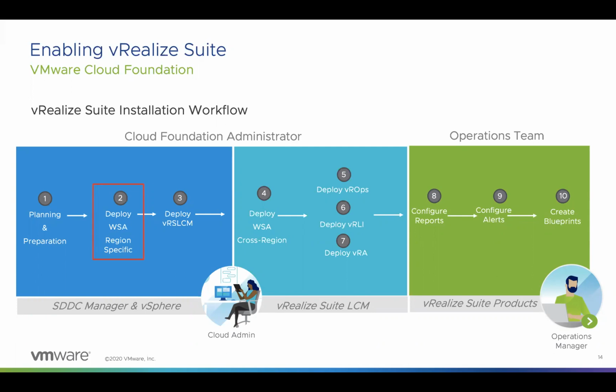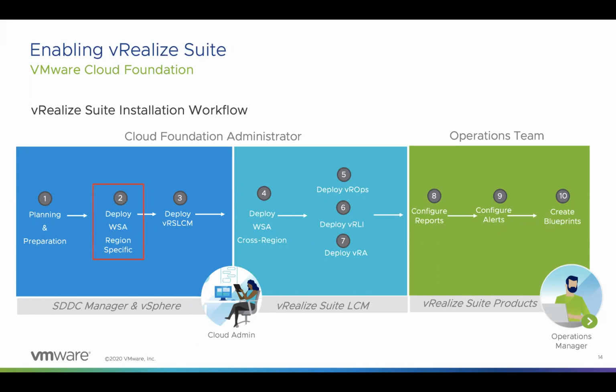So there was still manual work, but from VCF 4.1 the lifecycle manager is well maintained and known by the SDDC manager. So deployment of the lifecycle manager can now also be initiated from the SDDC manager.